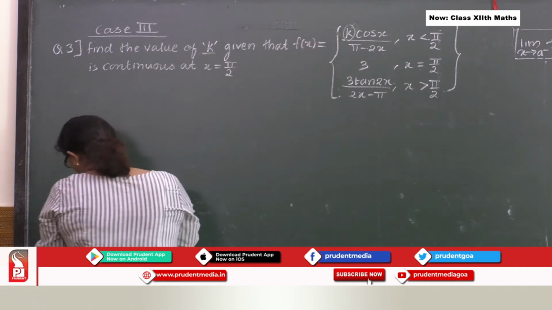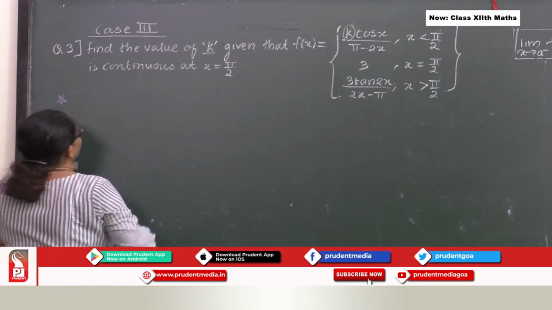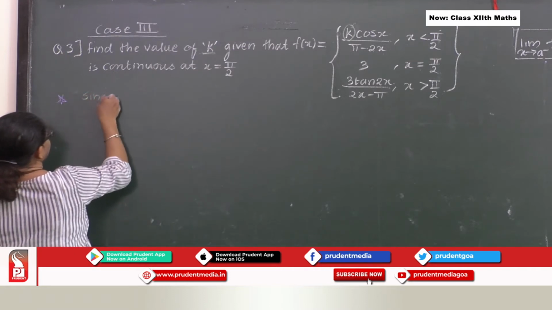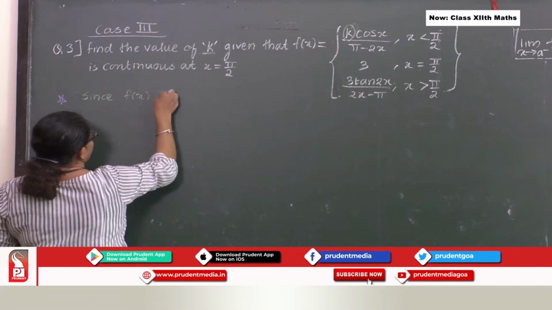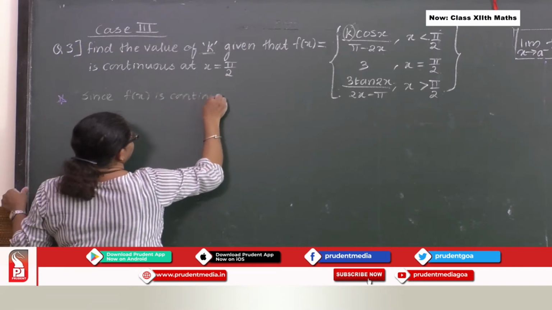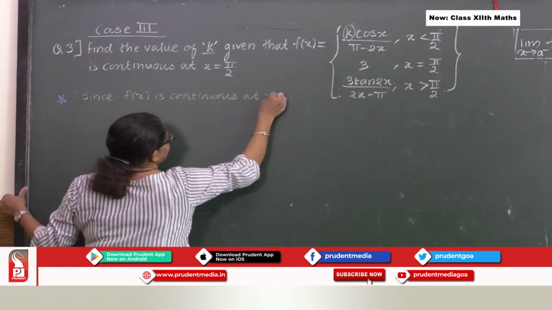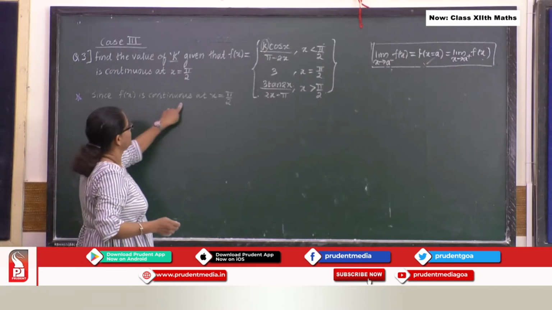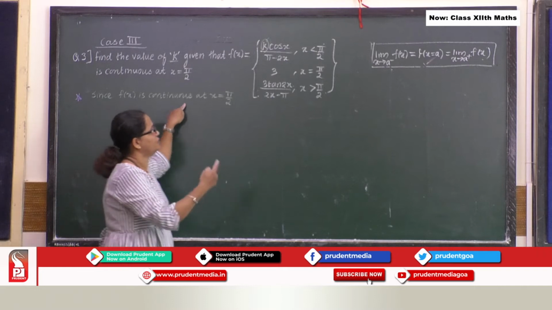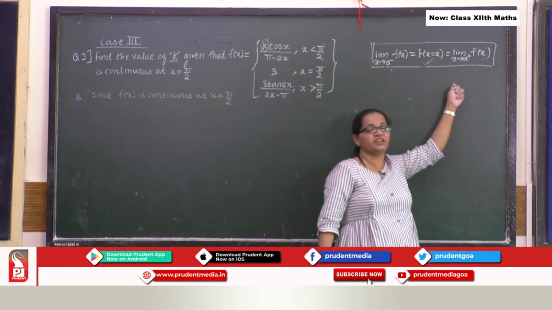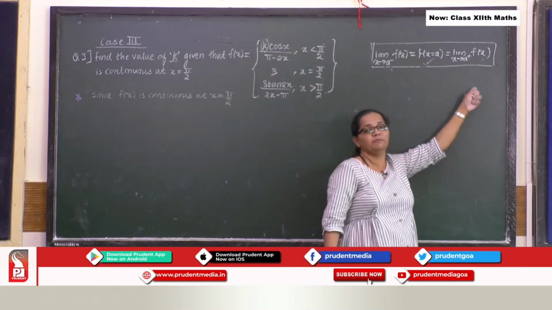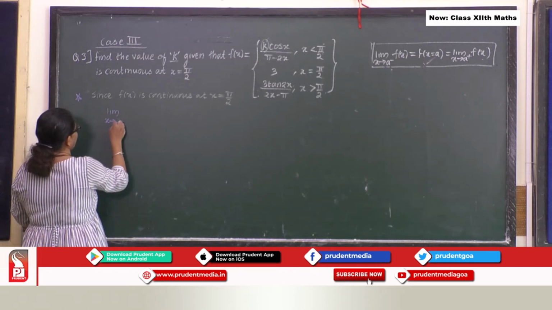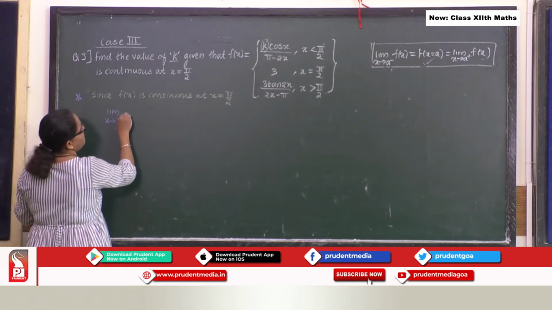Okay, so let us proceed further. As we write every time, the given function is continuous, right? So I say, since f of x is continuous at x equal to pi by 2, obviously this mathematical implication is true. So here I am saying limit x tends to pi by 2 minus.